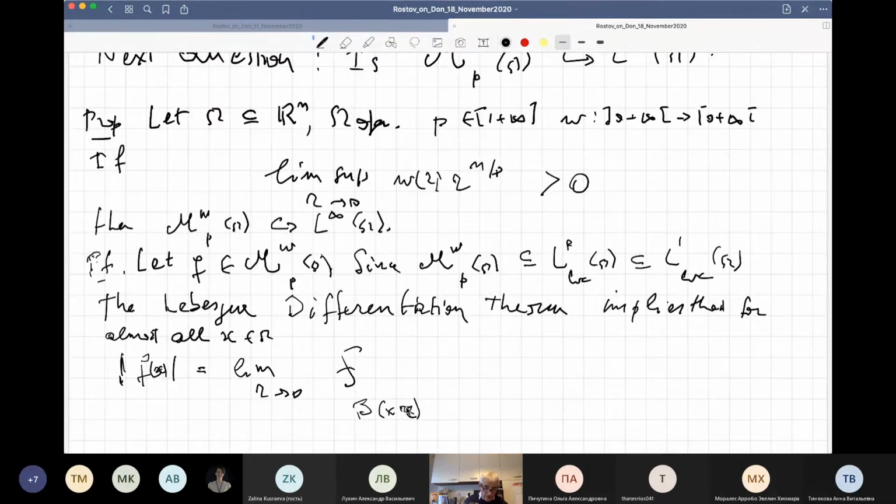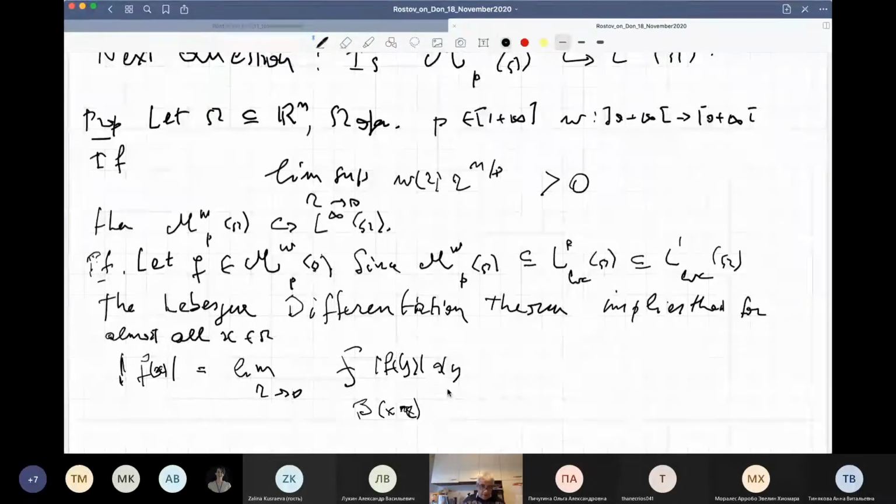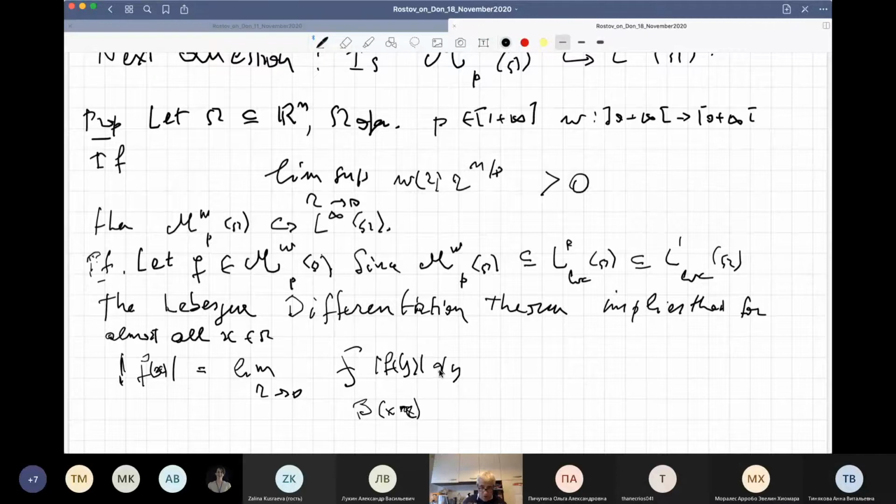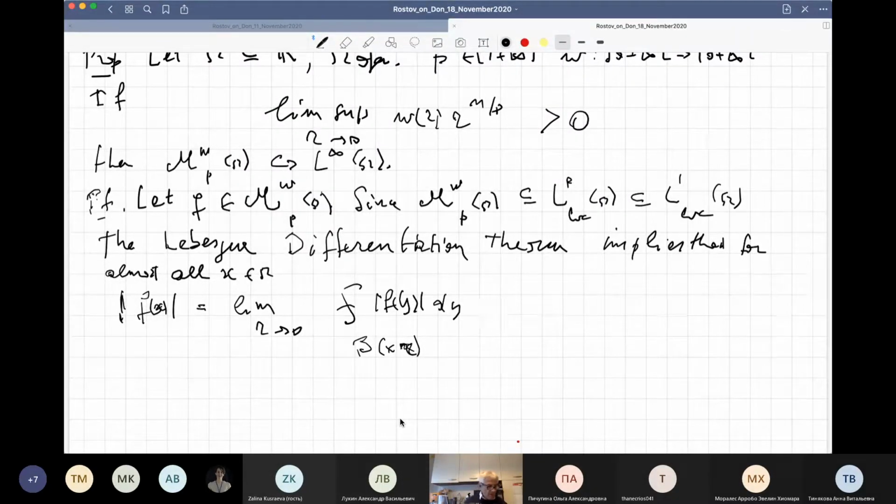This is the Lebesgue differentiation theorem. It says that for almost all x, we have this limiting relation. So the modulus of f at x is just the limit of the integral averages when the ball becomes very small, okay?